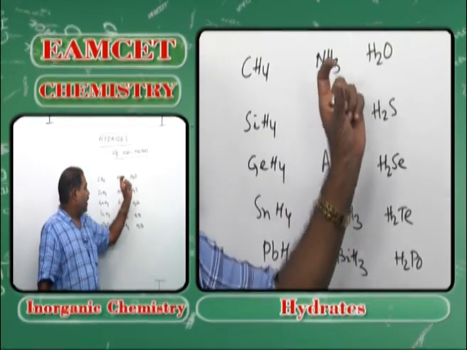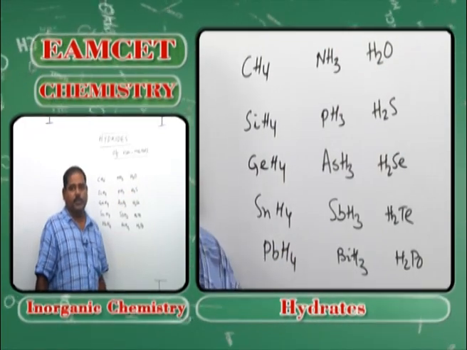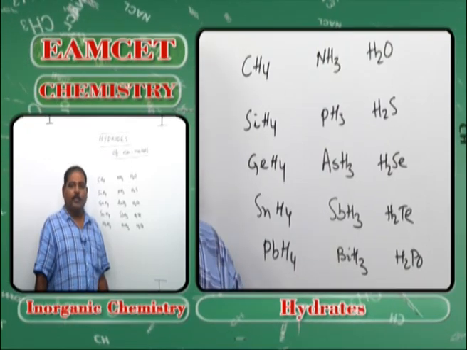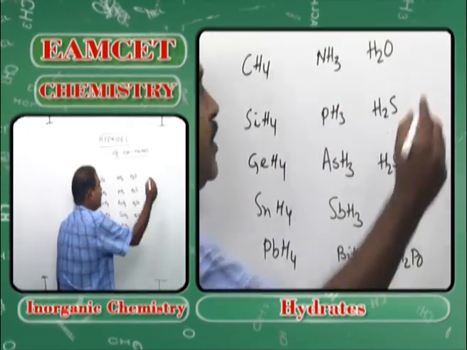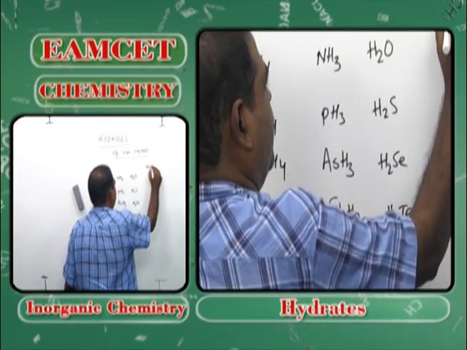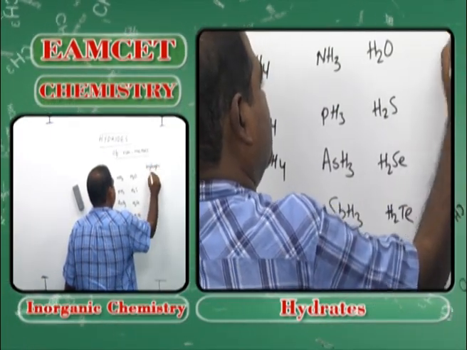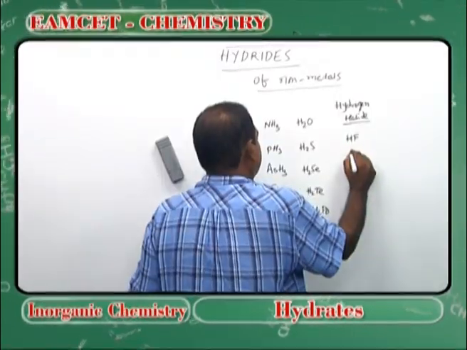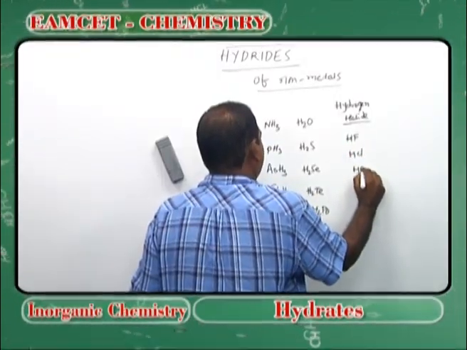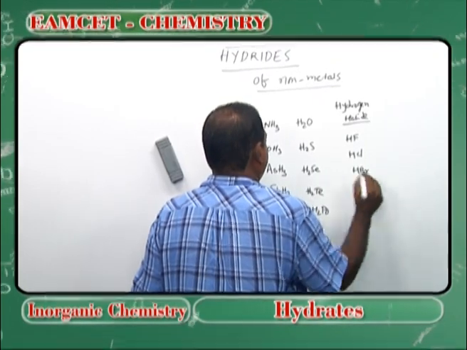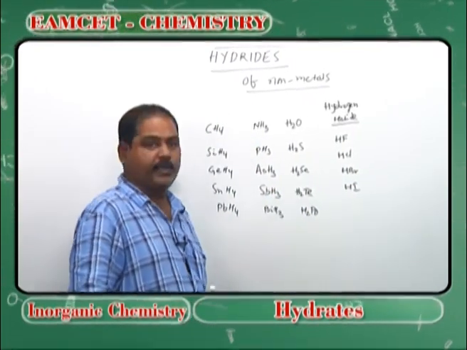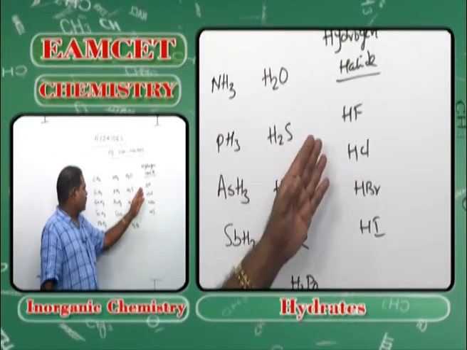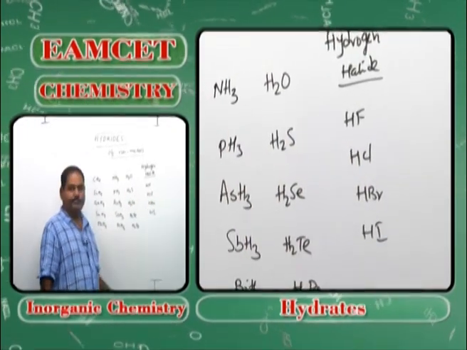And the halogens, when they combine with hydrogen, they better not be called hydrides. They are hydrogen halides. HF, HCl, HBr, HI.